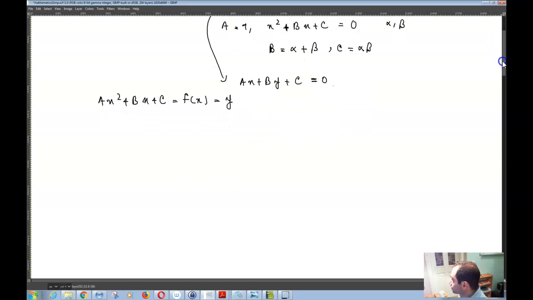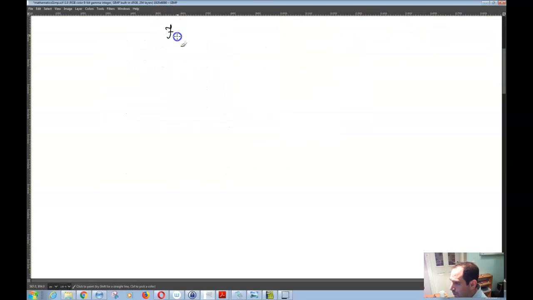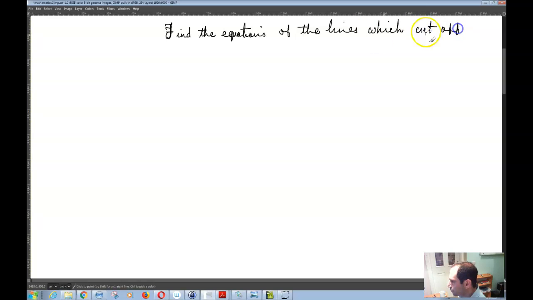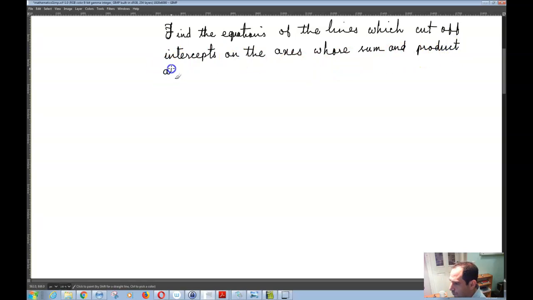The question is to find the equations of the lines which cut off intercepts on the axes whose sum and product are 1 and -6 respectively.